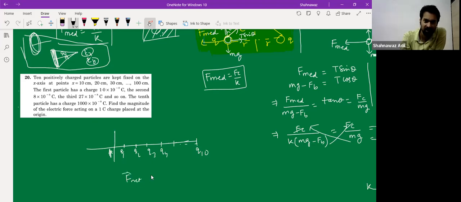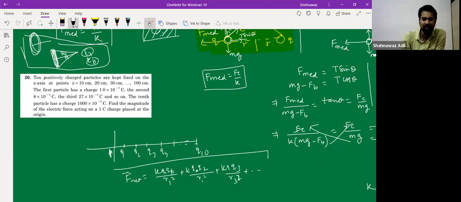That would be K Q1 by R1 square, plus K Q2 by R2 square, plus K Q3 by R3 square, and so on up to 10.